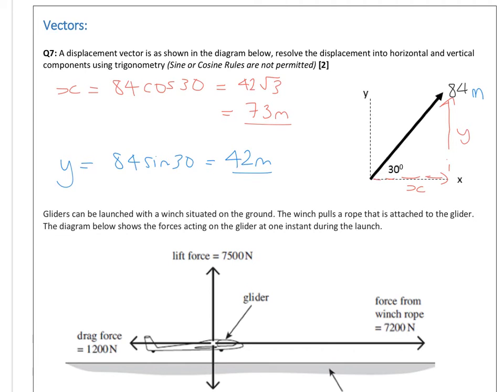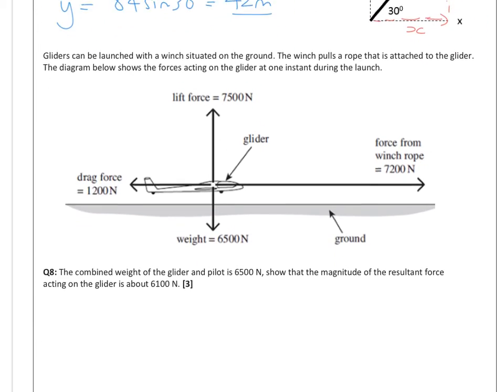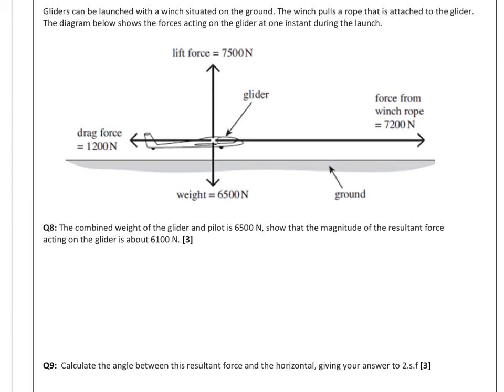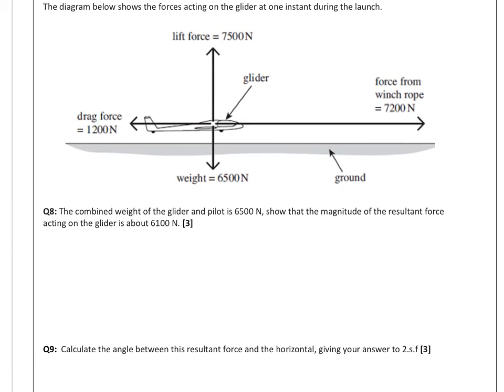So hopefully quite straightforward. Then we're going to look at this one, which is a question taken from a past exam a few years ago. We've got a glider being launched with various forces acting on it, and the diagram shows that, and it wants us to work out the magnitude of the resultant force acting on the glider.